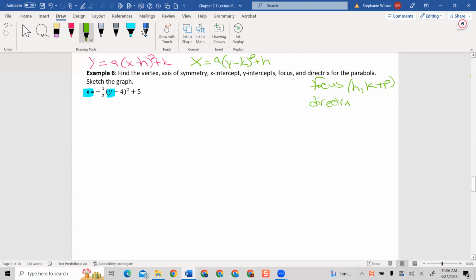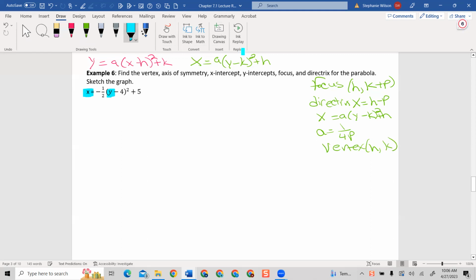And now it's going to be x equals h minus p. That changed. X equals a times y minus k all squared plus h. My a is still 1/4p, and my vertex is still x comma y, which is h comma k.